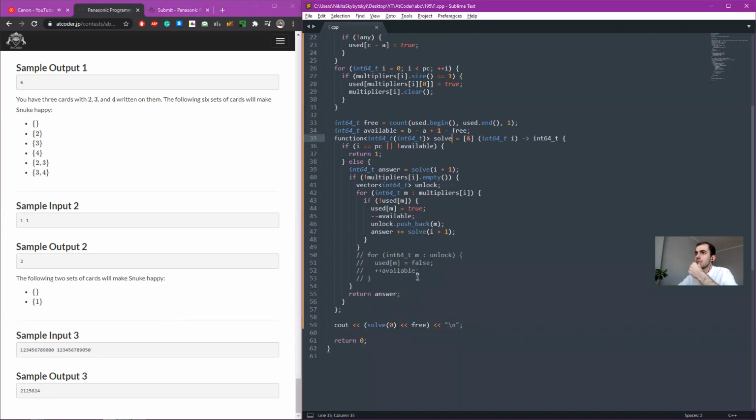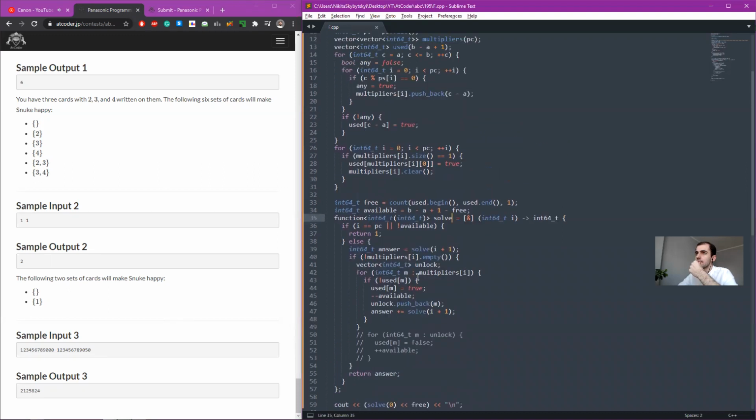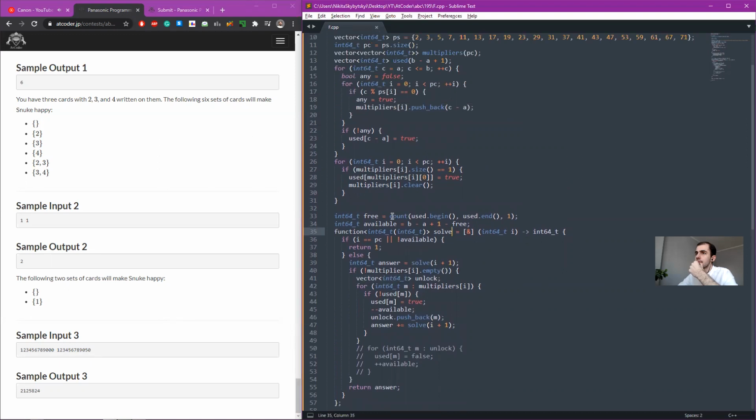This is too small because we undercount. Why do we undercount? 3 is the number of items that are already used.